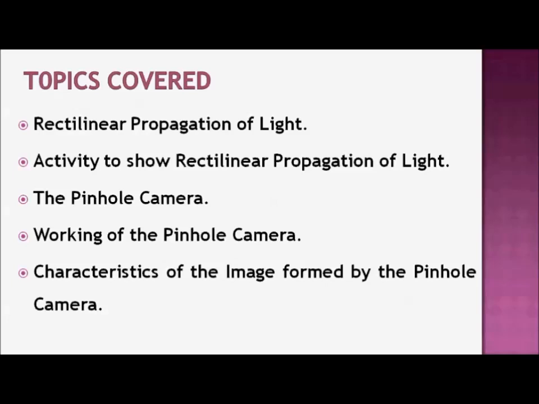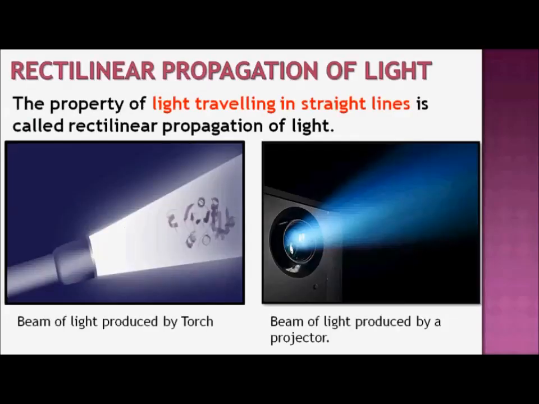So first let us see what is rectilinear propagation of light. Here I have given two pictures. One is beam of light produced by torch. Second is beam of light produced by a projector. What do you observe?